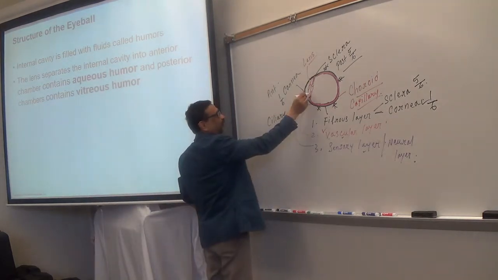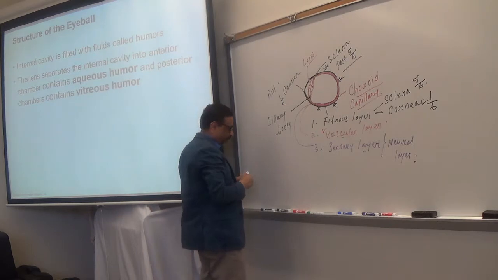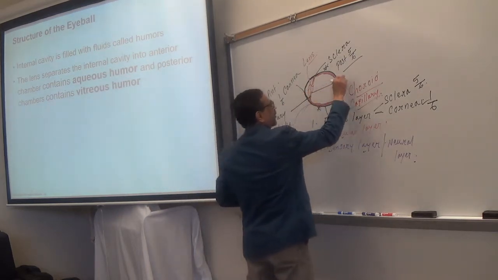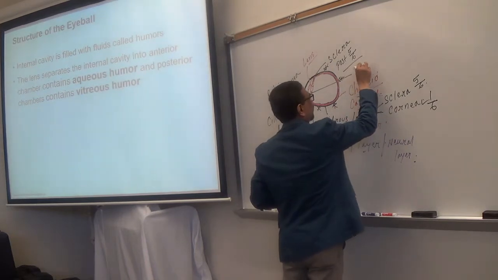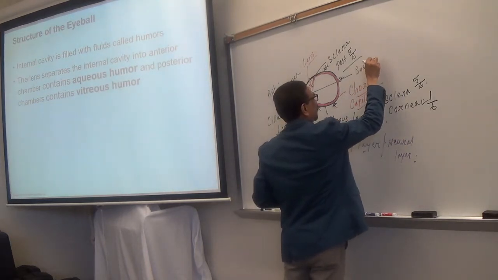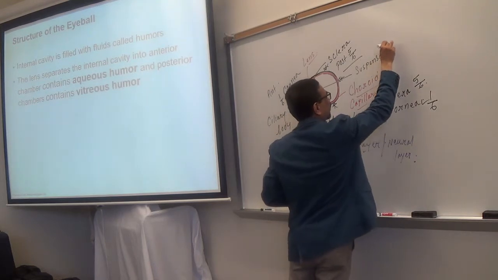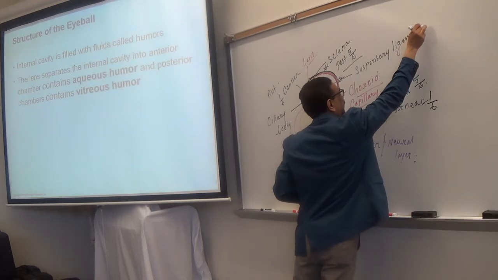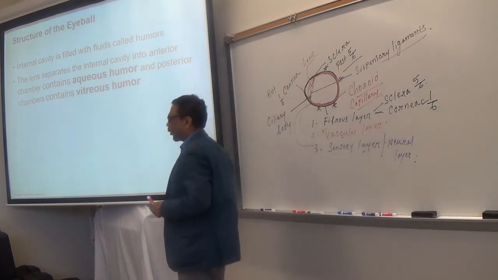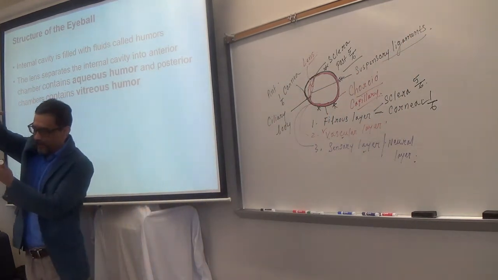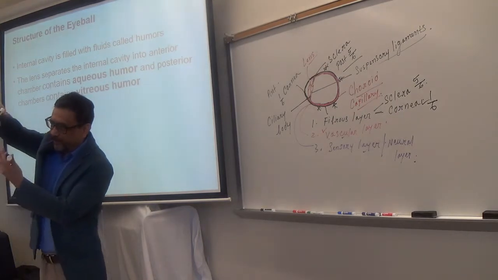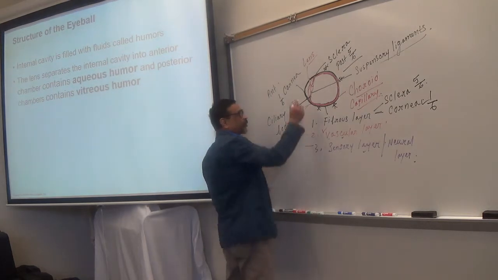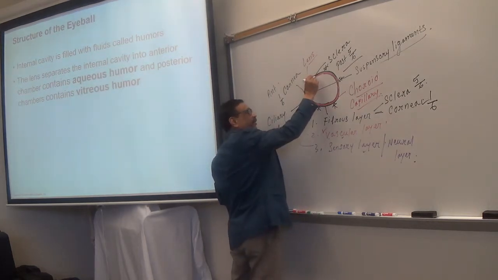So let me write it down. These ligaments are called suspensory ligaments, okay, holding the lens in right location like this. Now let's see the most front part of vascular layer.